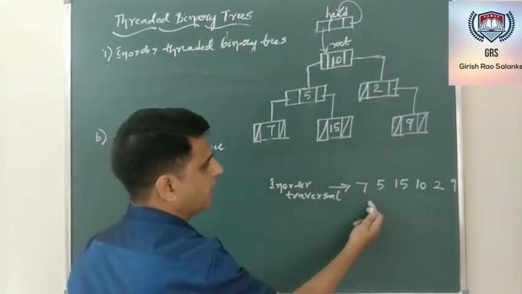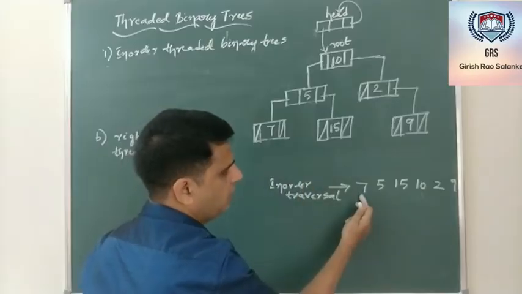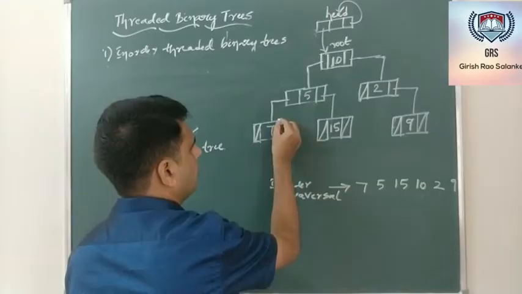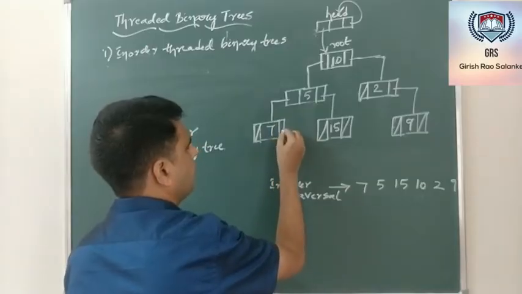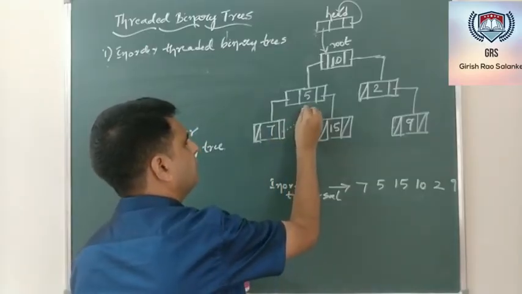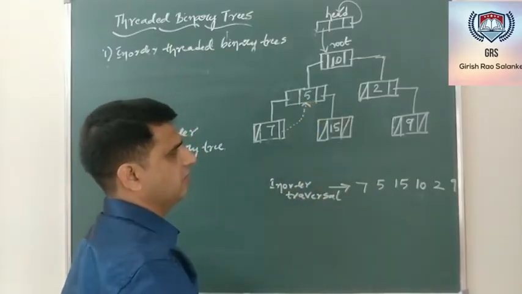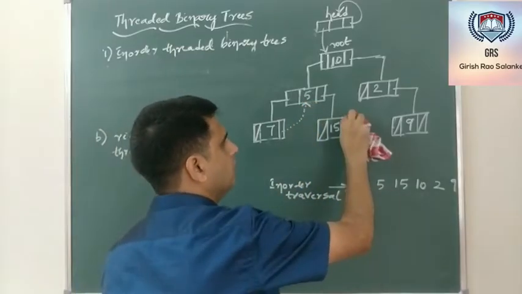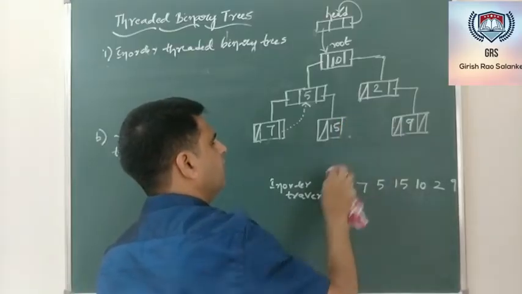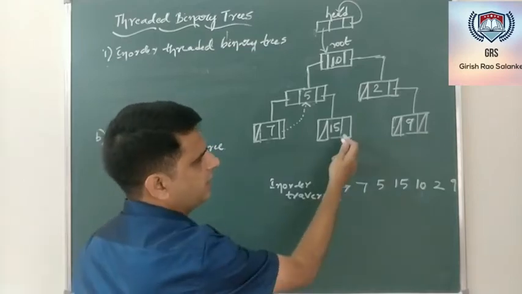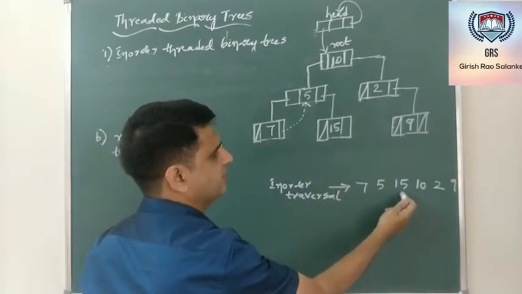So in the in-order traversal, which is the successor of node 7? Node 7 successor is 5. So instead of storing null here, the right of 7 should hold the address of its successor. Its successor is 5. Similarly for node 15. Node 15 right address was null. Now it should point to its successor.